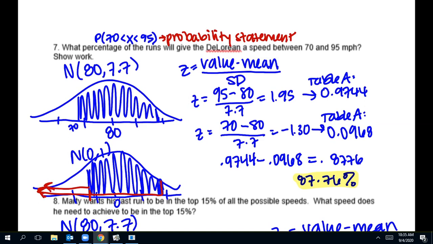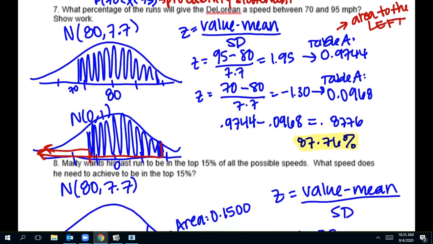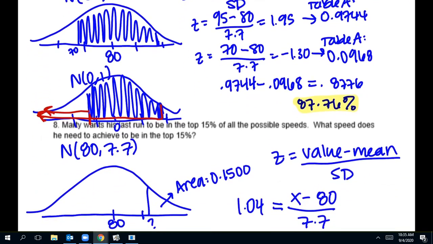So I'm just going to write, table A, area to the left is always true. And so that's why we just took the big one minus the small one to find the area between. So I just need to take away that white space from the big one, and that gives me my answer of 87.76%.